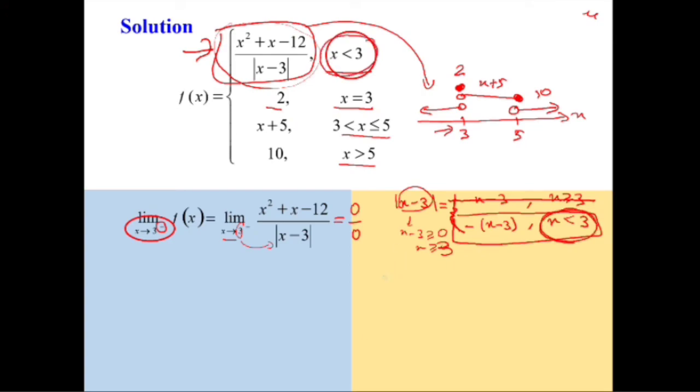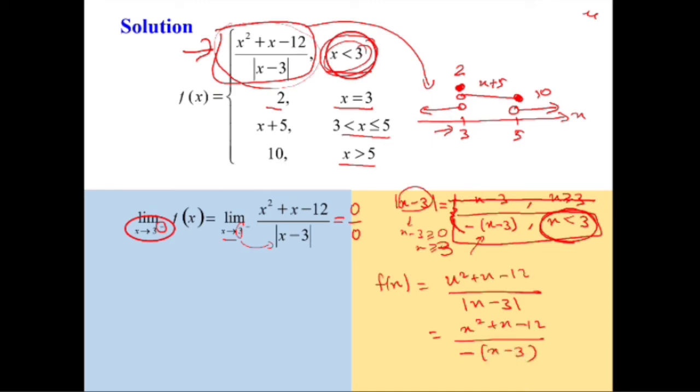But f(x) is not just absolute of x minus 3. f(x) is x squared plus x minus 12 over absolute of x minus 3. So since absolute of x minus 3 from the left side of 3, as x is less than 3, we know that the function is negative. So we can replace that with the negative function. So it's just negative (x minus 3).